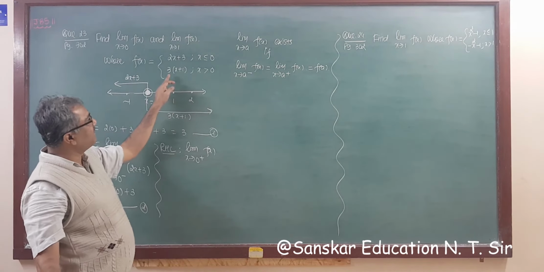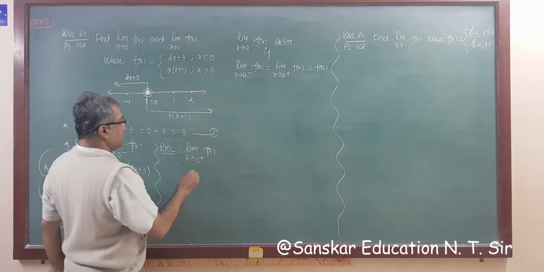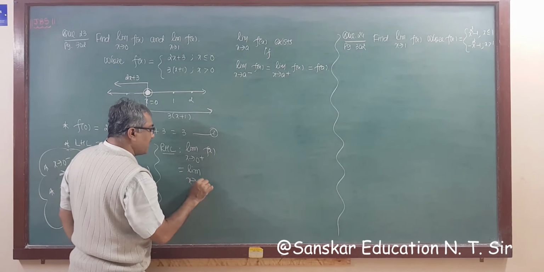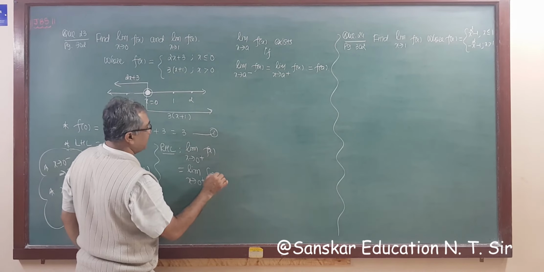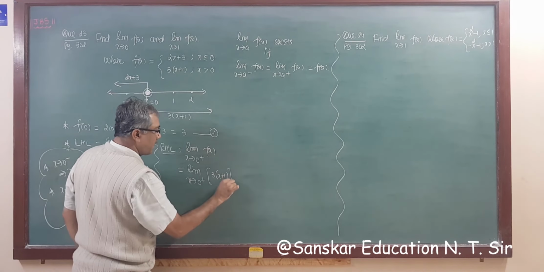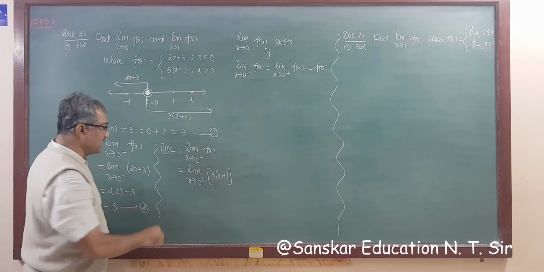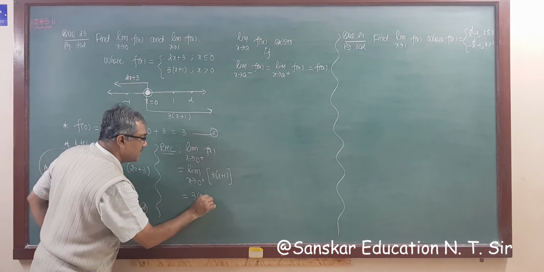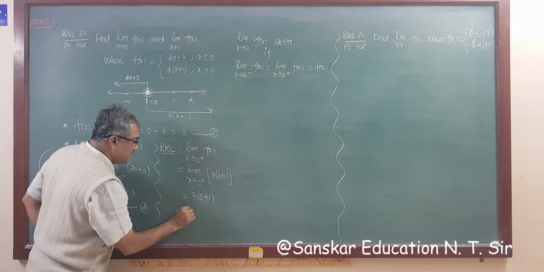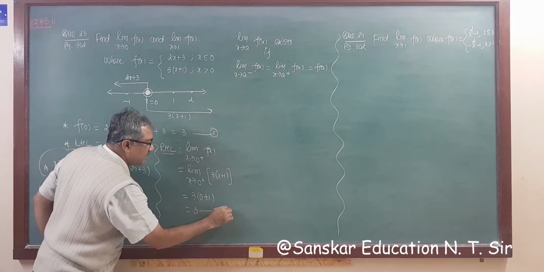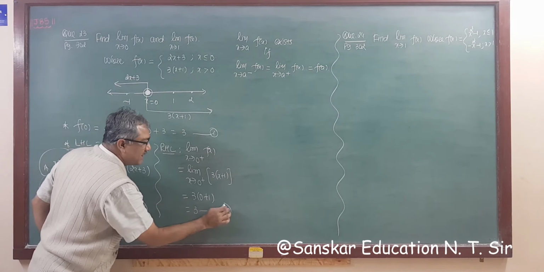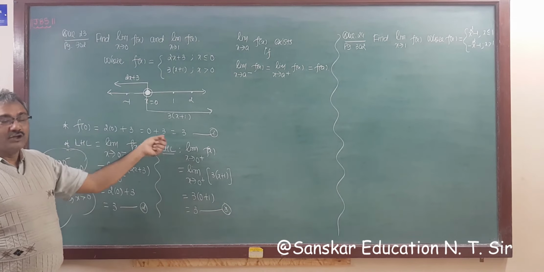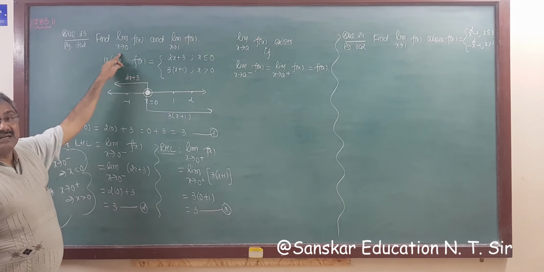Okay. For x tends to 0 from right, the function is defined as 3 times x plus 1. So the answer is limit x tends to 0 from right, 3 times x plus 1. Now x is 0, so substituting x equal to 0 because there is no denominator, this is 3 into 0 plus 1, so 0 plus 1 is 1, so the answer is 3. So reason number 3. The left hand side limit and right hand side limit are both the same as the value, so the limit exists and the answer is 3.